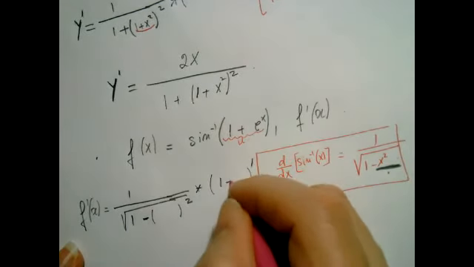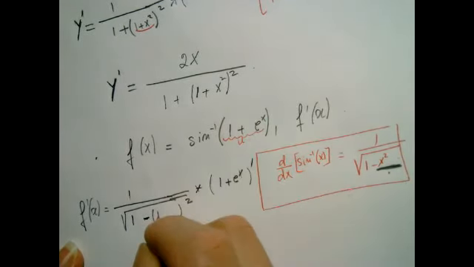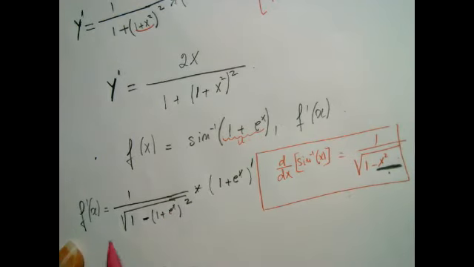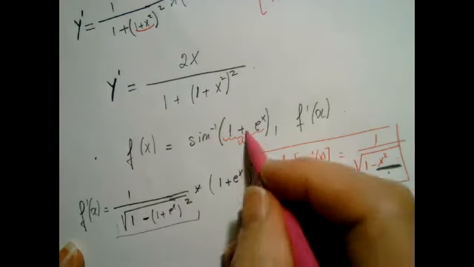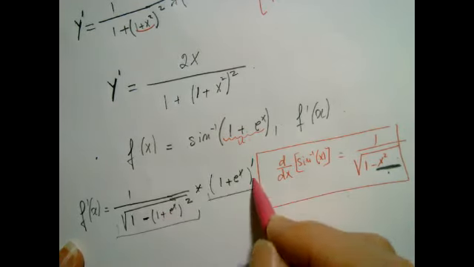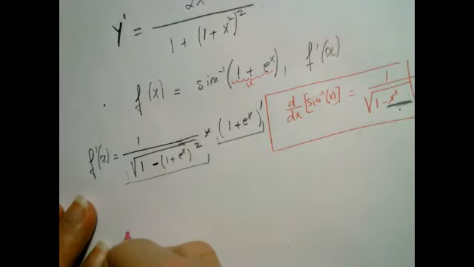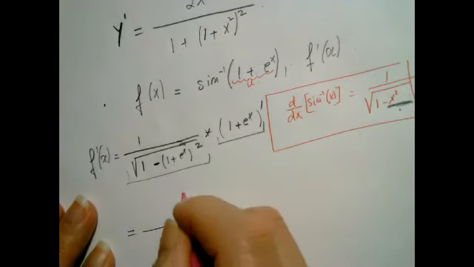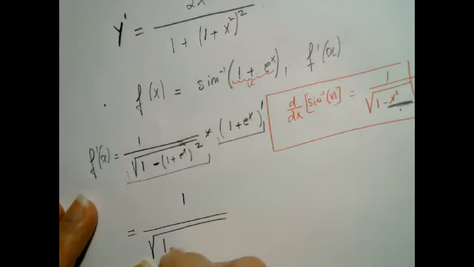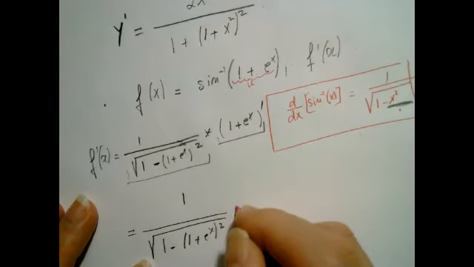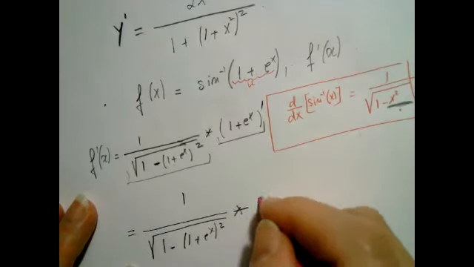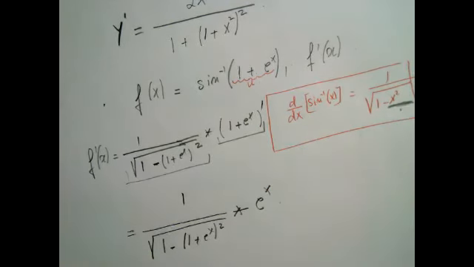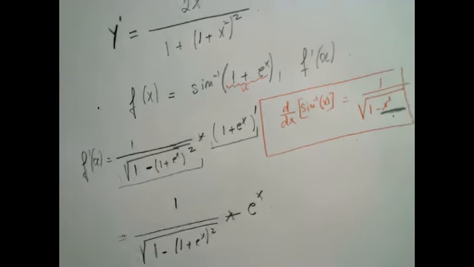So that's the derivative of the outside evaluated at the inside times the derivative of the inside. So it's 1 over the square root of 1 minus (1 plus e to the x) squared, times the derivative of the inside, which is e to the x.